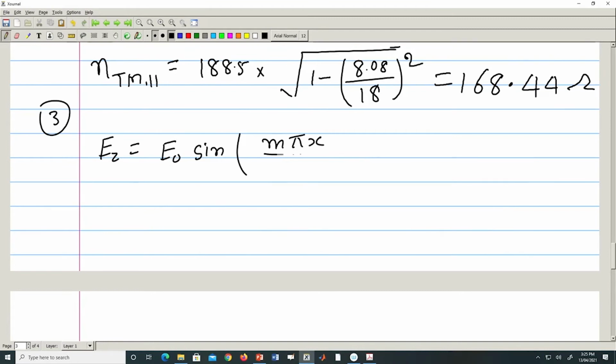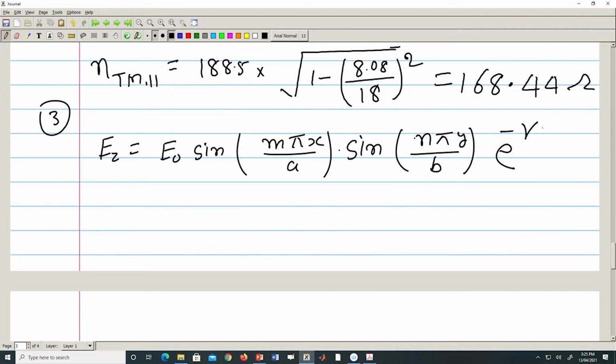So it is a standard equation, it can be written like this, and from the given E z we can find out all the field components for the TM to Z mode.